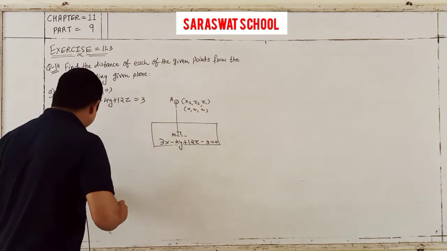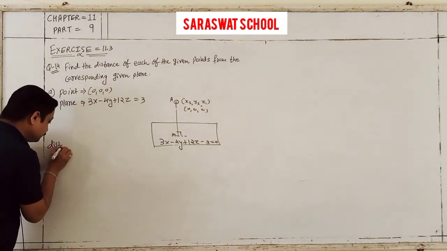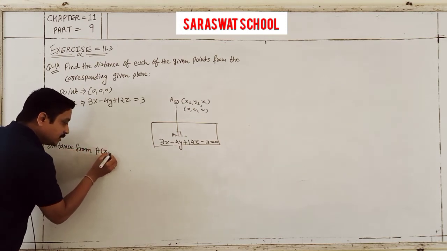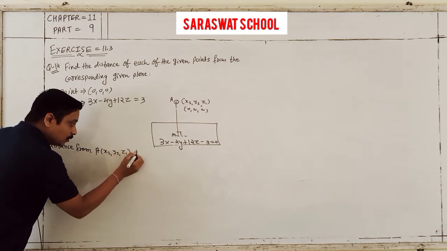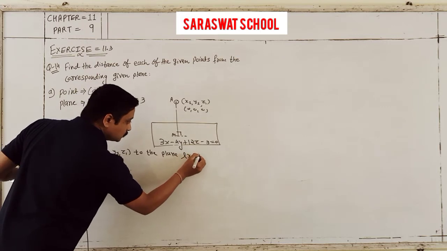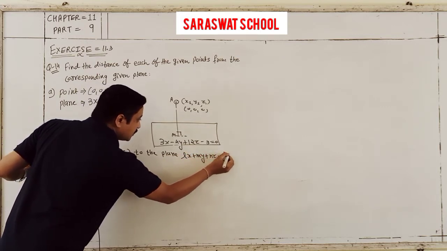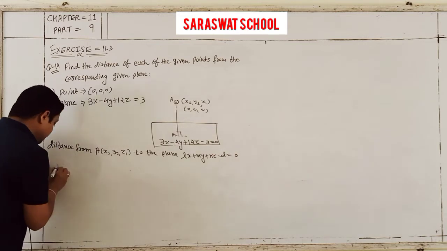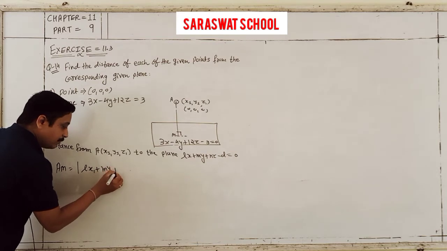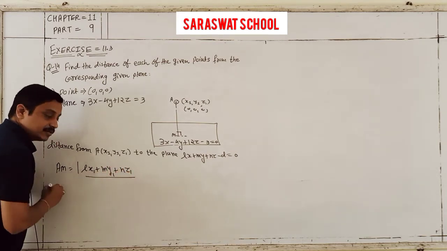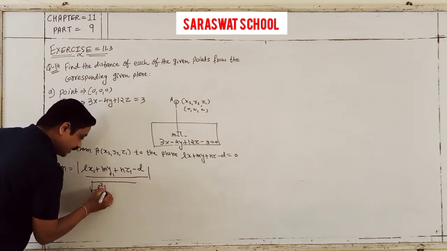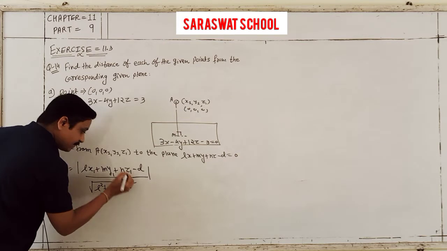So, very easy. You know the distance formula. The distance from the point x1, y1, z1 to the plane lx plus my plus nz minus d equal to 0 is modulus of lx1 plus my1 plus nz1 minus d, upon the square root of l square plus m square plus n square.